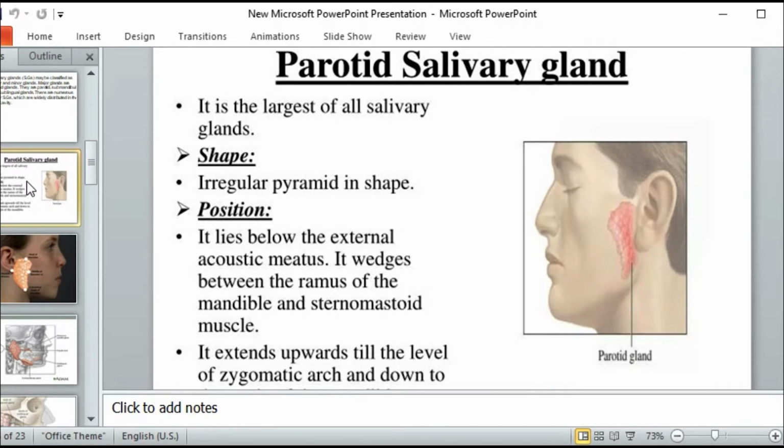Okay, now we start. The parotid salivary gland is the largest of all salivary glands. The shape is irregular, pyramidal. About the location, it lies below the external acoustic meatus, which means the ear.